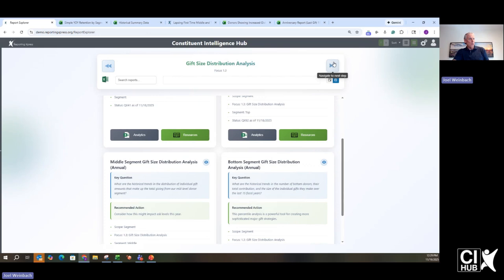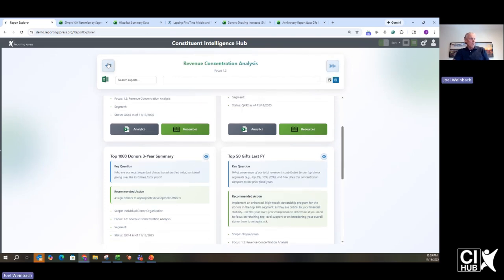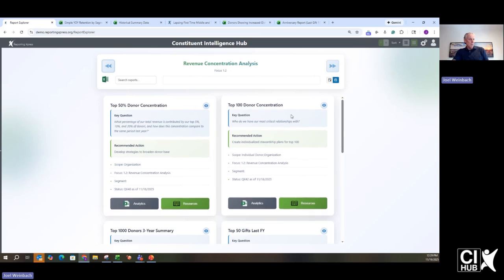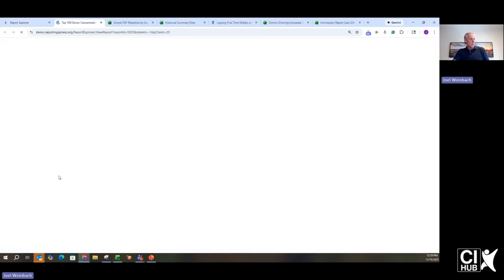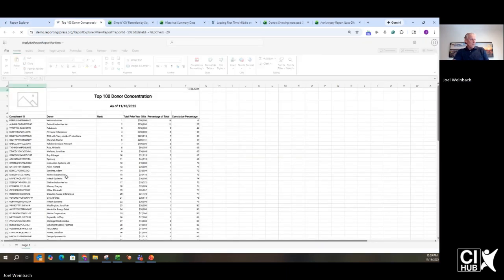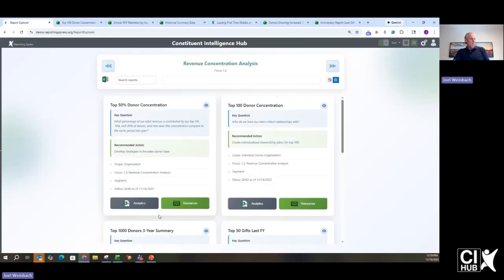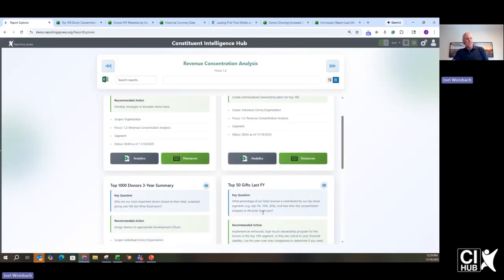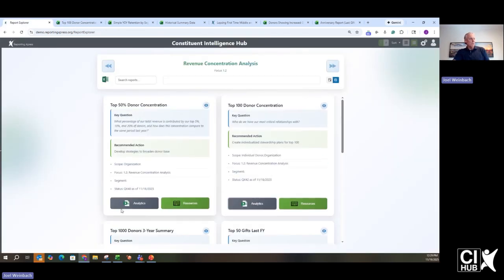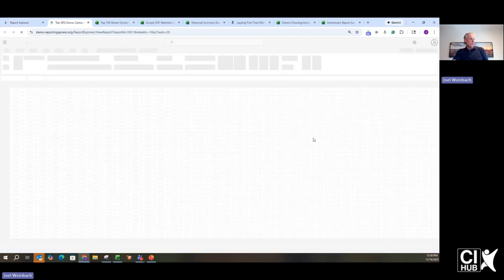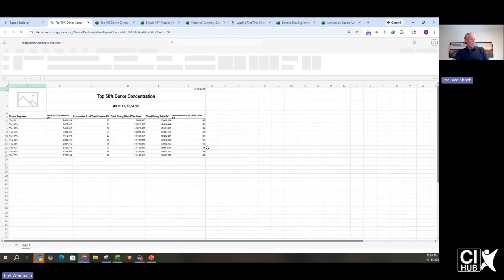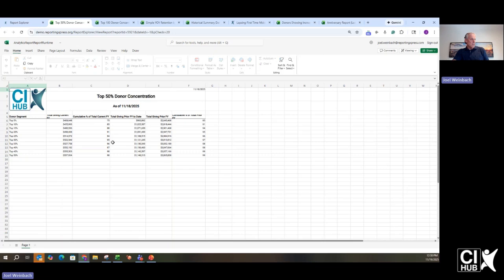And so I can toggle through all of the analytics. You know, revenue concentration, these are my top 100 donors. Got a top 1,000 donor, top 50 gift last year, top 50% revenue concentration. All of this is important to understand for your organization.